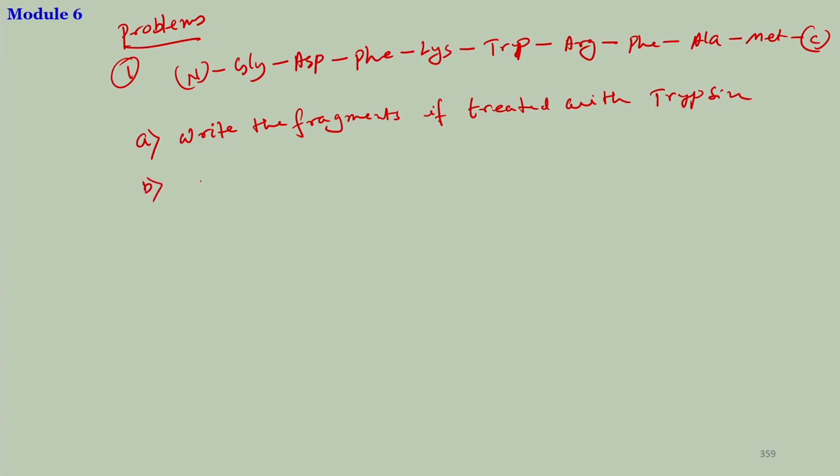Question B, write the fragments if treated with chymotrypsin. So, can you write down the fragments of the protein, or what are the fragments that you will obtain if you treat this given sequence with trypsin?